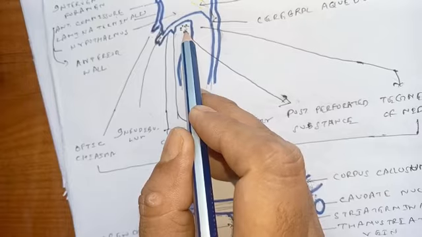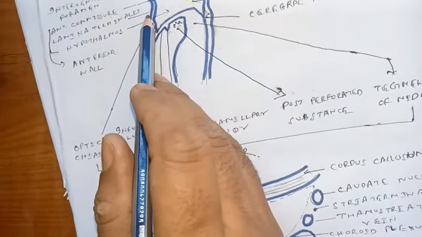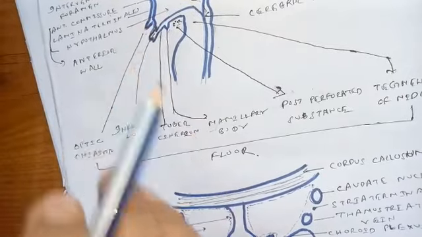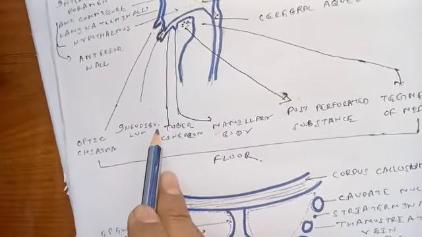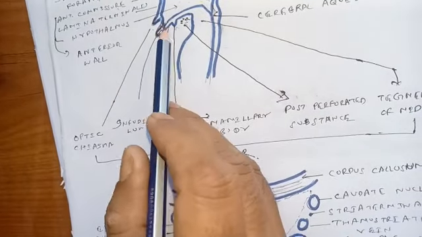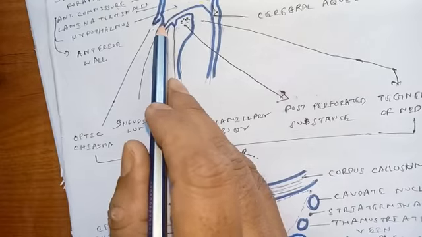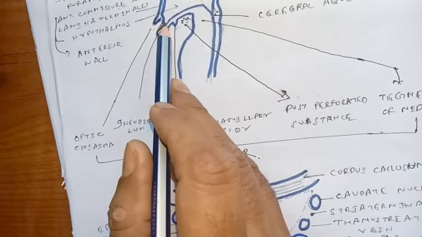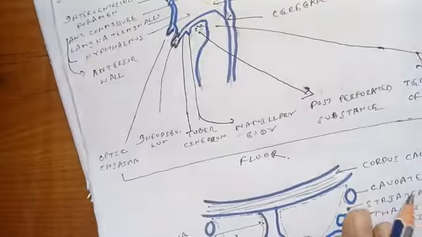It is the triangular area of grey matter, located within the interpeduncular fossa. The next term is infundibulum. It is the funnel-shaped structure that connects the hypothalamus with the pituitary gland. That is the infundibulum.